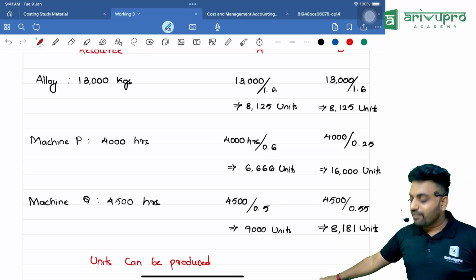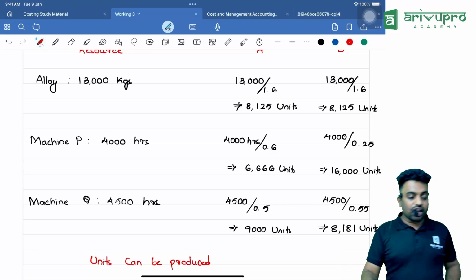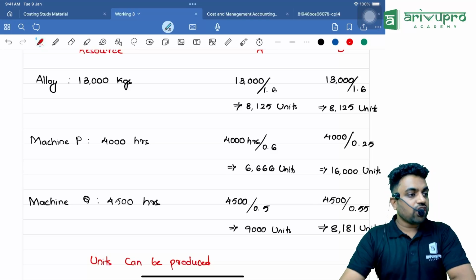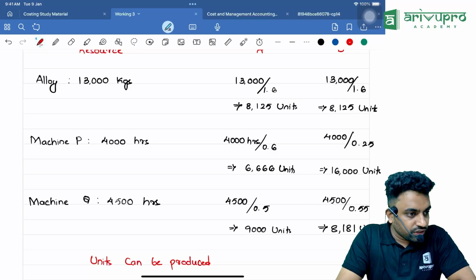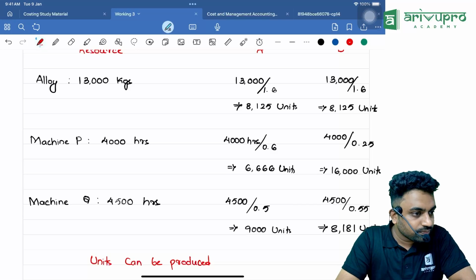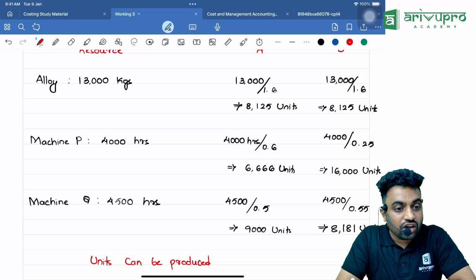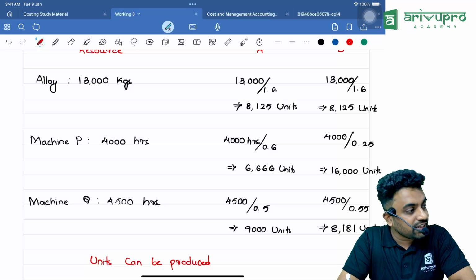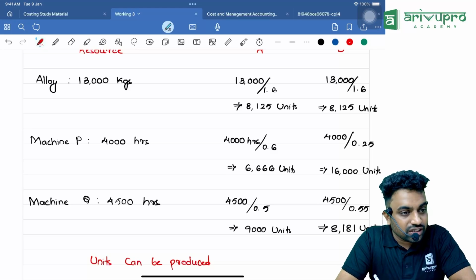As per the Q availability, you can produce 9,000 units. Now, if you decide to produce A, 9,000 units, yes, machine Q will support you, no doubt in that. But you can't give an input of 9,000 units in terms of material, because material available is just 8,125.